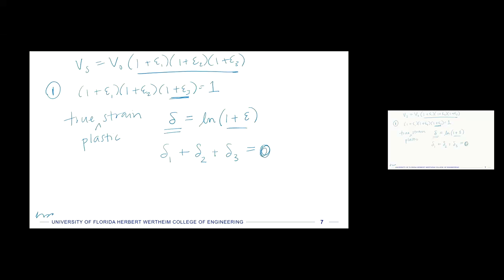So all the plastic strains in all three principal directions have to add up to 0. That makes sense if we go back and think about the elastic situation. If you pull in one direction uniaxially, the other directions have to contract, so the strains have to add up such that the volume is conserved.